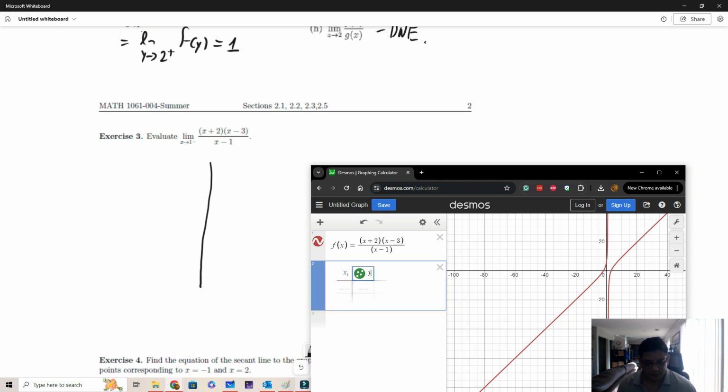So I'm going to check this with f of x. And so now I have a table here. Because I'm approaching 1 from the left side, I'm going to take 0.9, then 0.99, then 0.999, and I keep increasing.